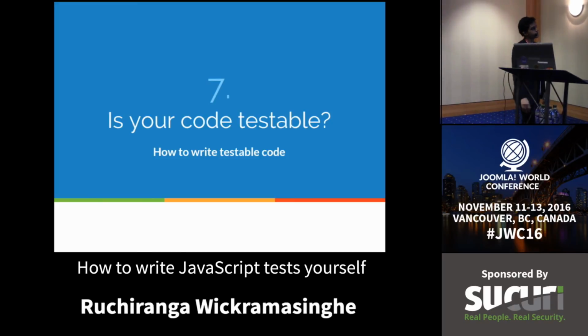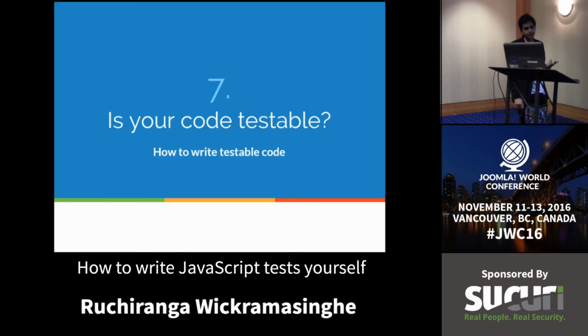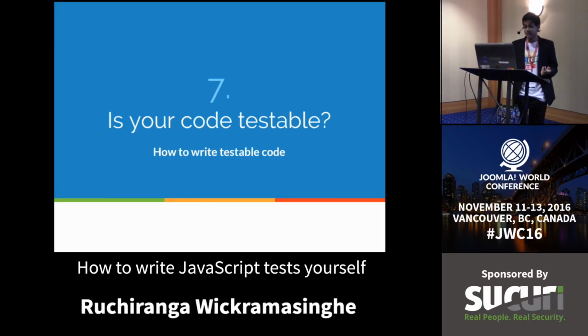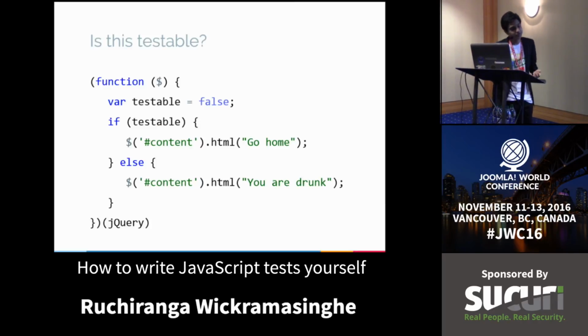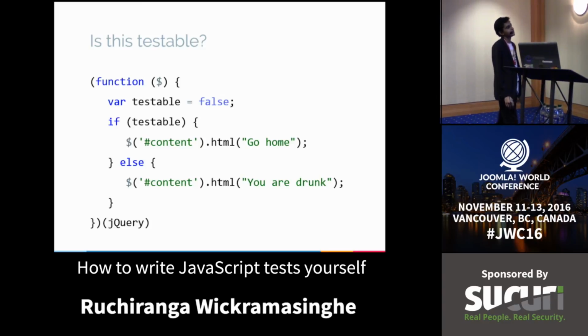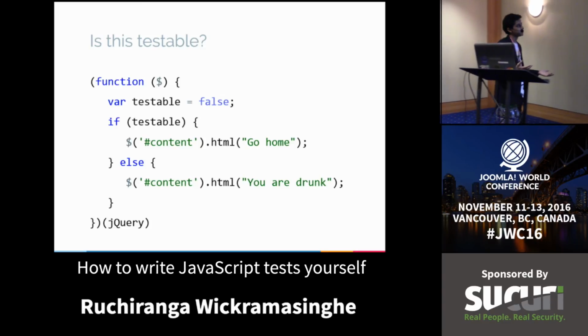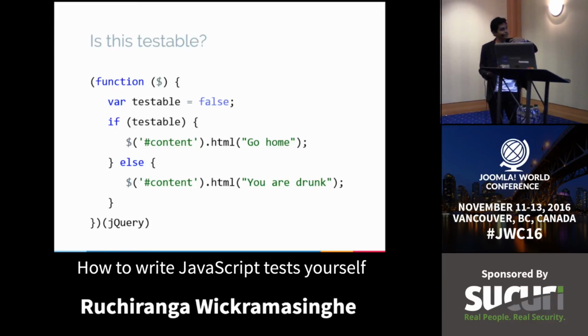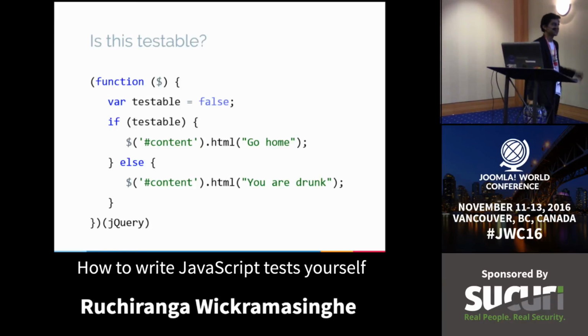So finally, I would like to note this up. And I told earlier as well, we need to have the code testable. If you have a look at this function, it calls itself. So if you include this kind of a thing in a JS file and run it once, that's it.